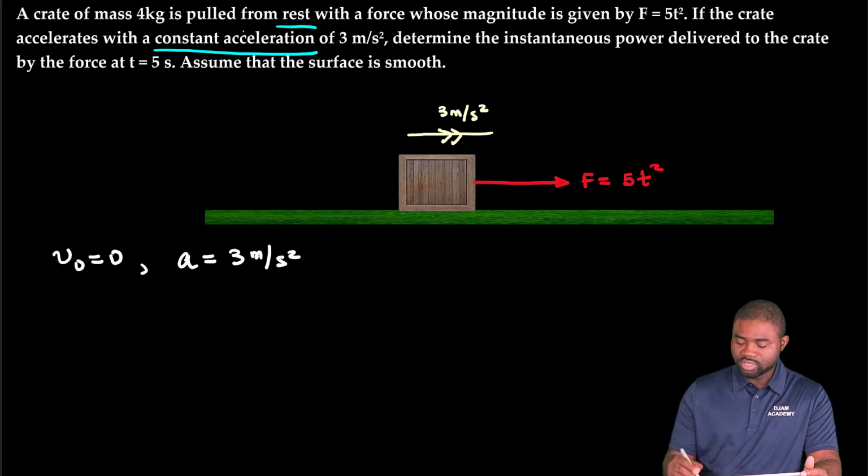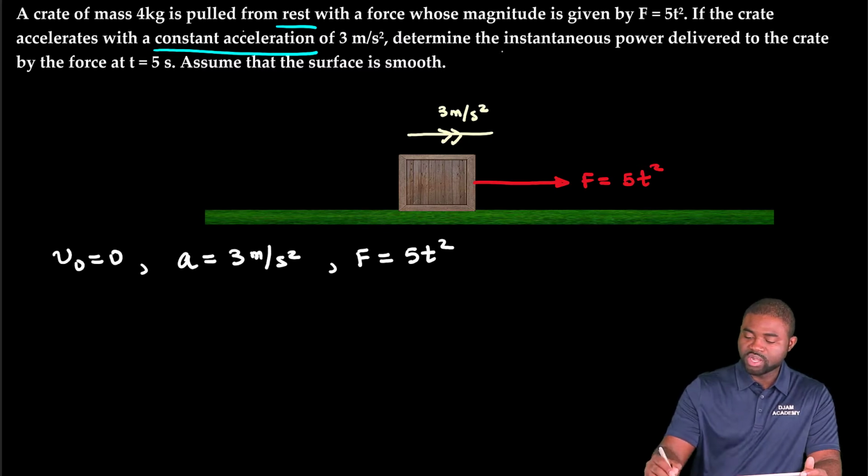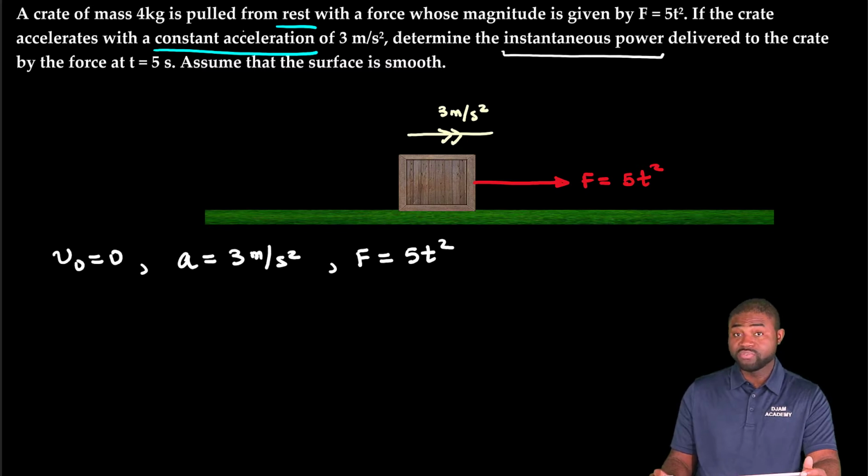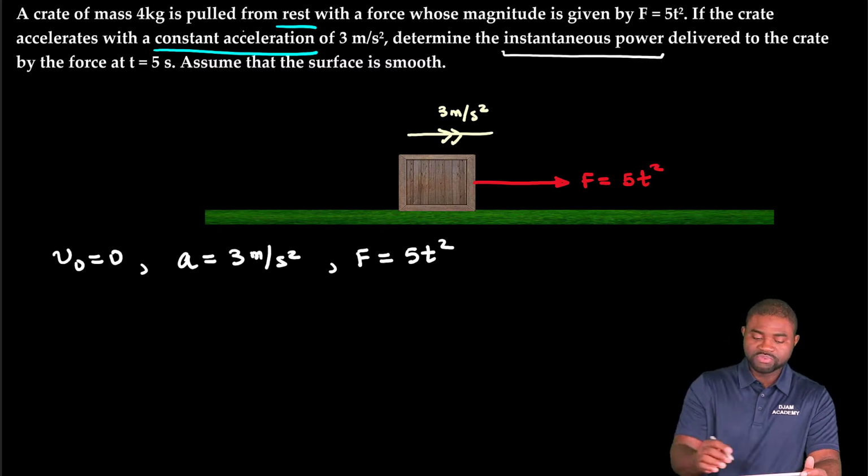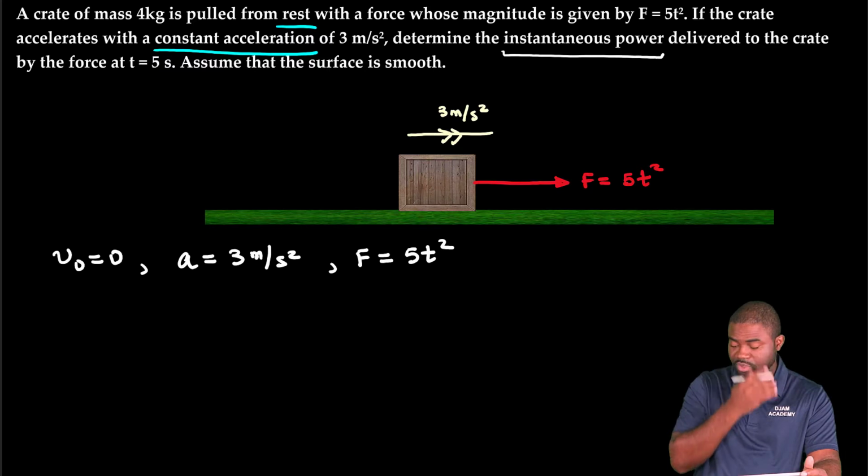And we know that the magnitude of the force applied to the crate is equal to 5t squared. Now we have been asked to calculate the instantaneous power delivered to the crate by the force at t equal to 5. This is quite an interesting problem.